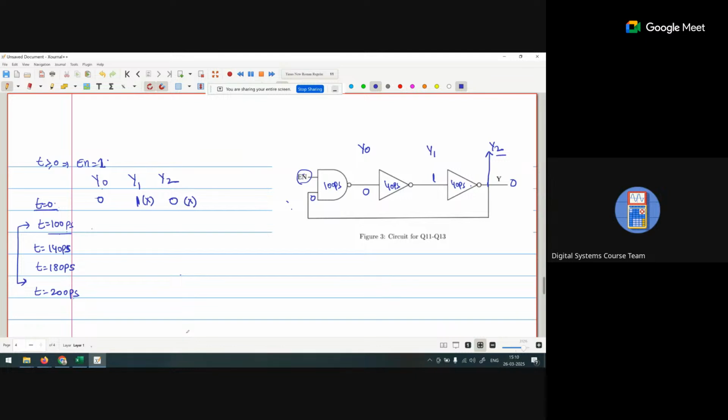At 100 picosecond, what are we getting? This y2 will be applied to the enable. So 0 is here, enable is 1, and we are getting a 0. This is invalid.